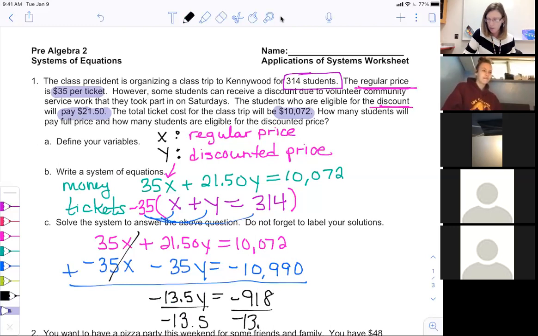So I'm just using my calculator, adding these values together, combining my like terms, and then dividing.